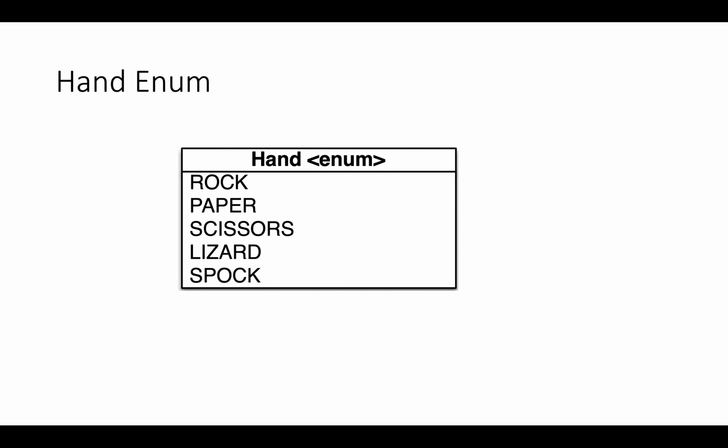We're going to call it Hand, because when you play the game, you put your hand out, in the form of either the rock, which is a fist, the paper, which is an open hand, the scissors, which is 2 fingers, and the lizard is kind of a weird fist type of thing, and then Spock, of course, is the live long and prosper one. So our enum is going to have the 5 possible plays, the ways you can exert your hand.